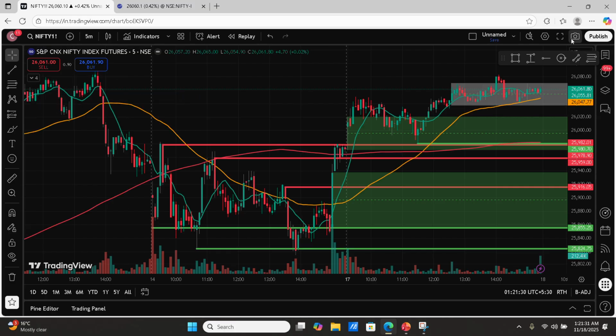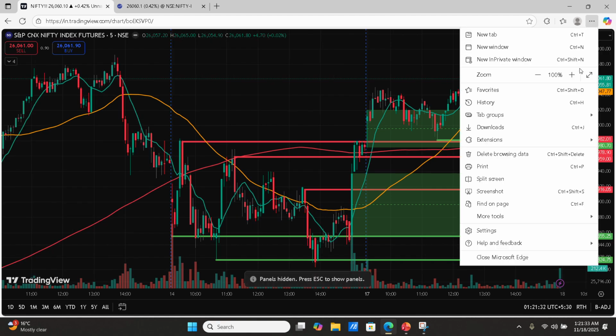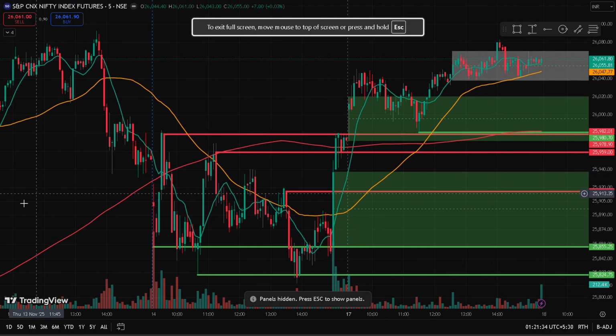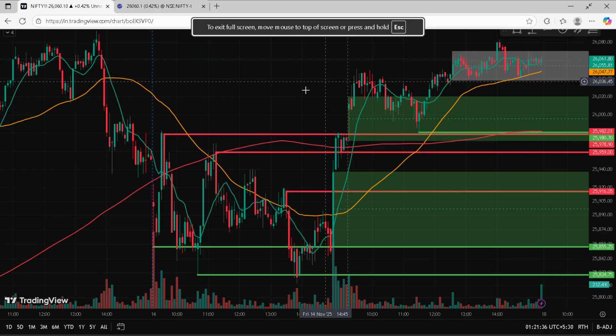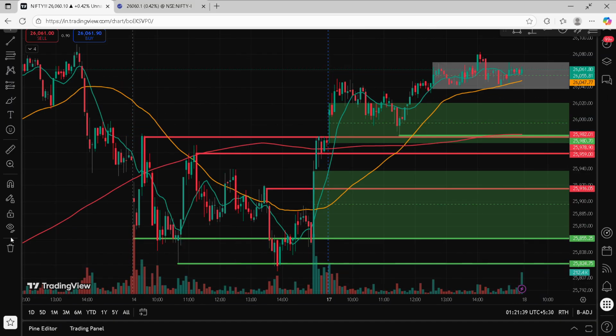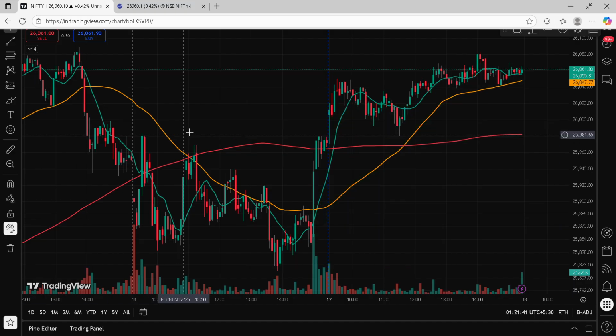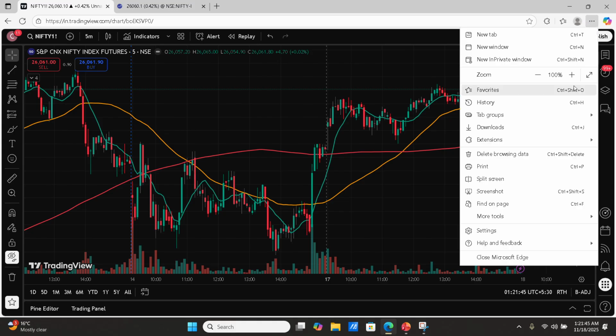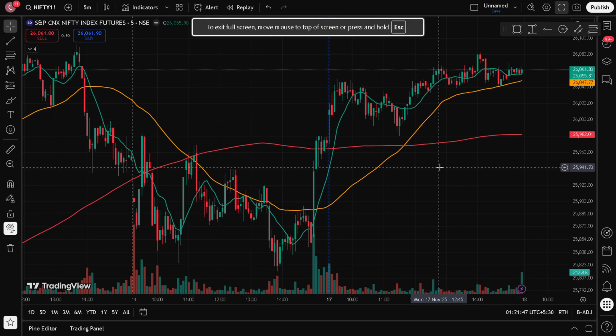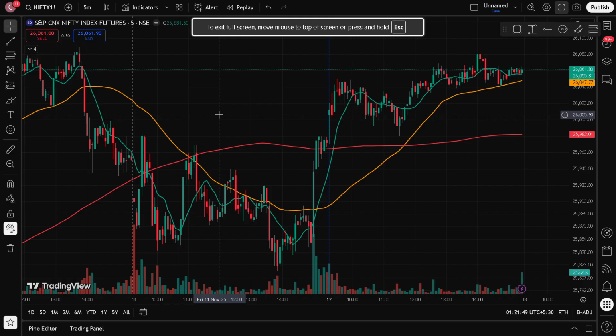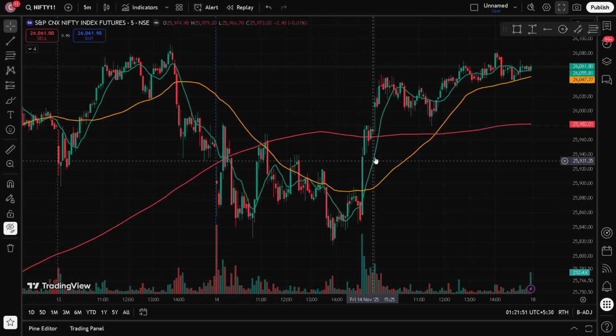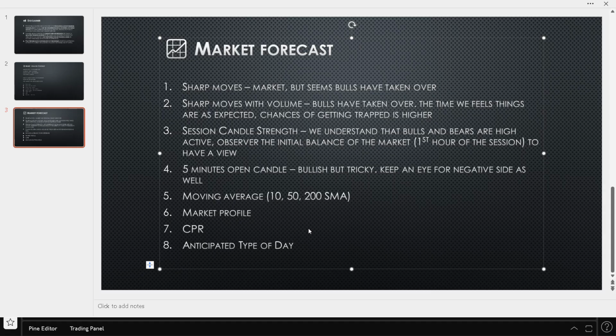So, analyzing the market through moving averages, let us hide some of the drawings which we have created. As per the moving averages, what does it say? The price has closed beyond the 200 MA, which is a sign of bullish price movement.